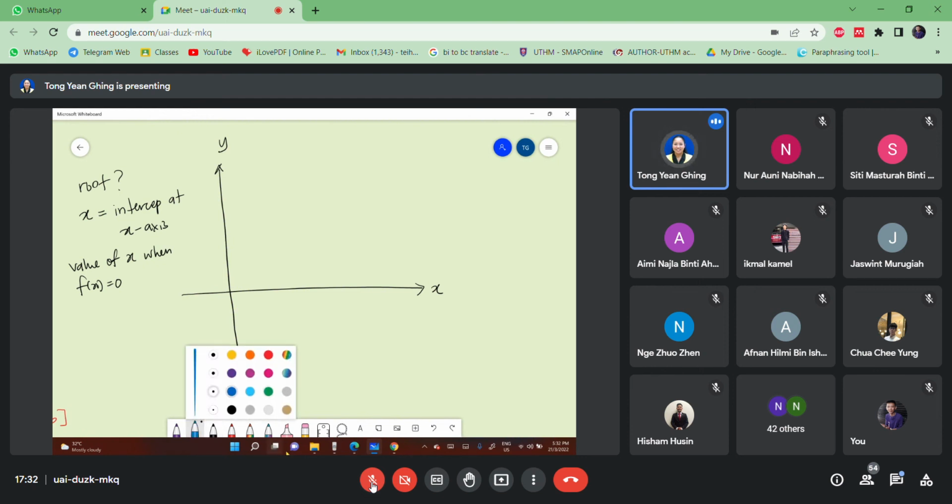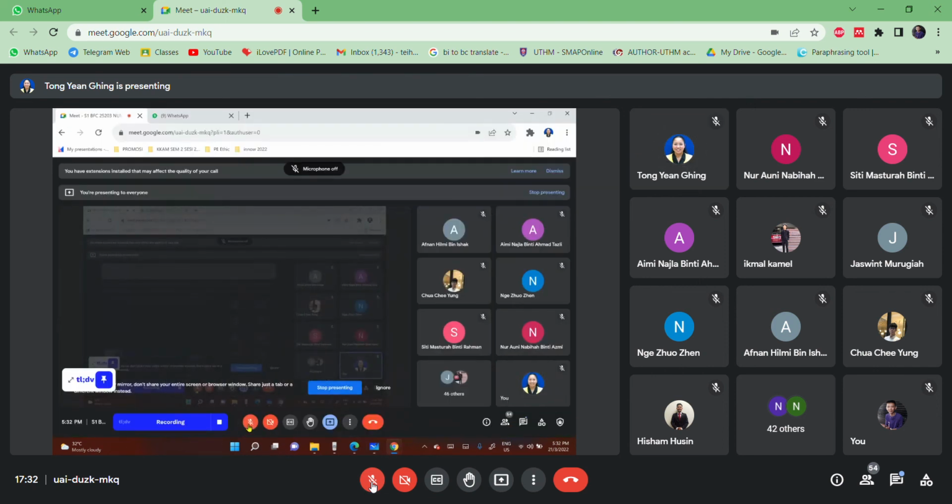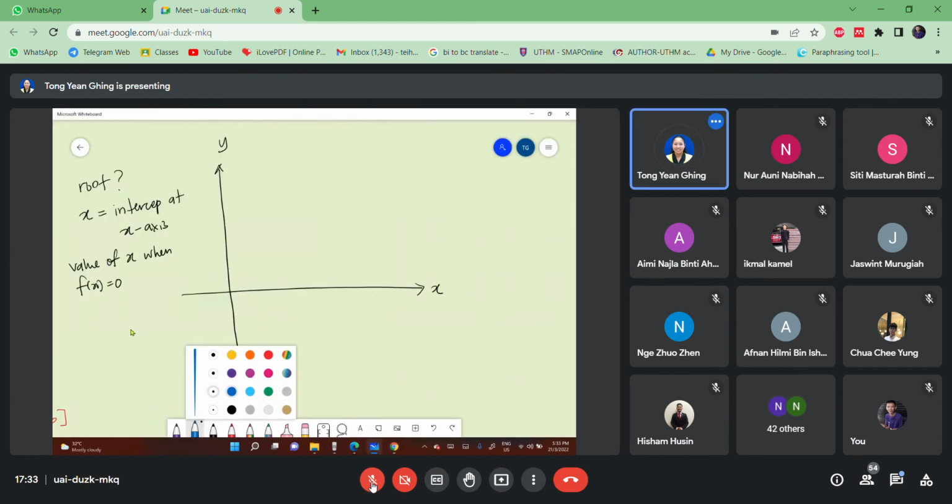Okay, we go back to this one. Root is the x value that we want to find when we have a graph.